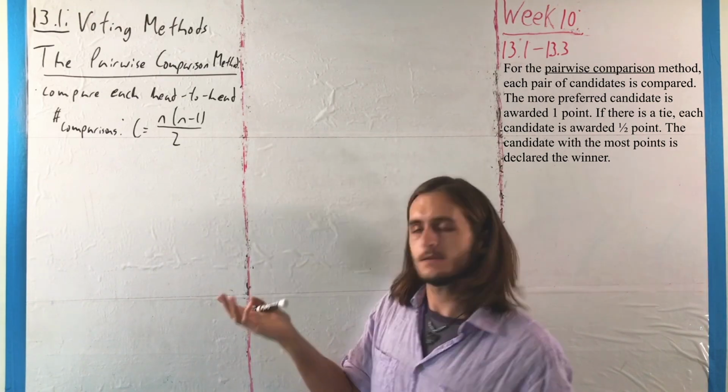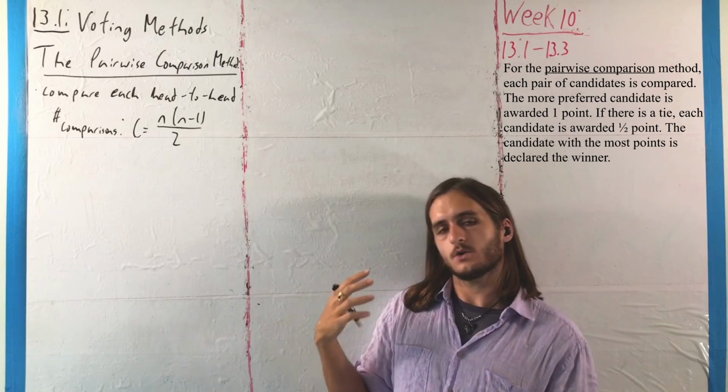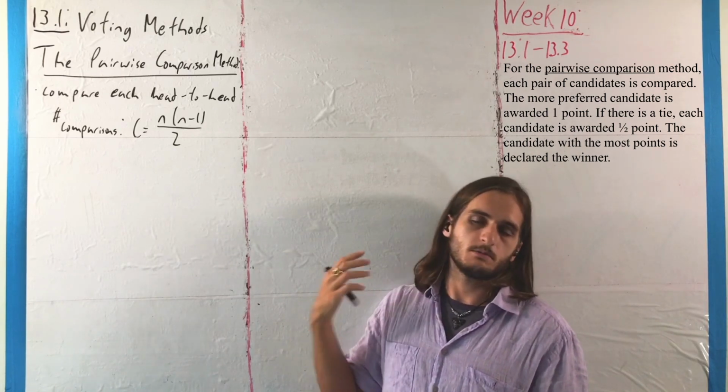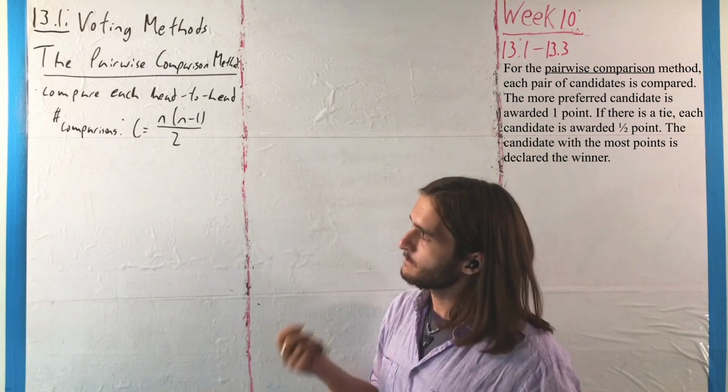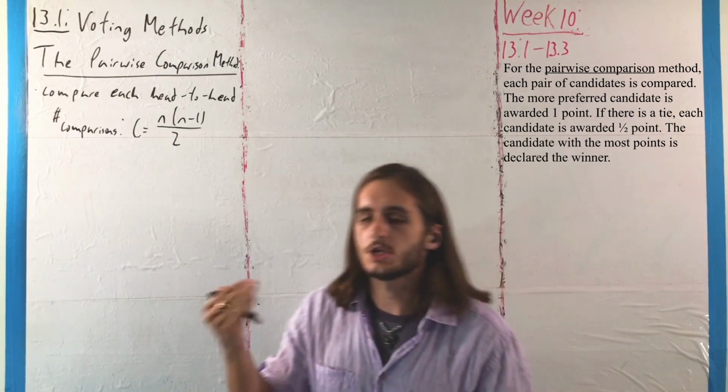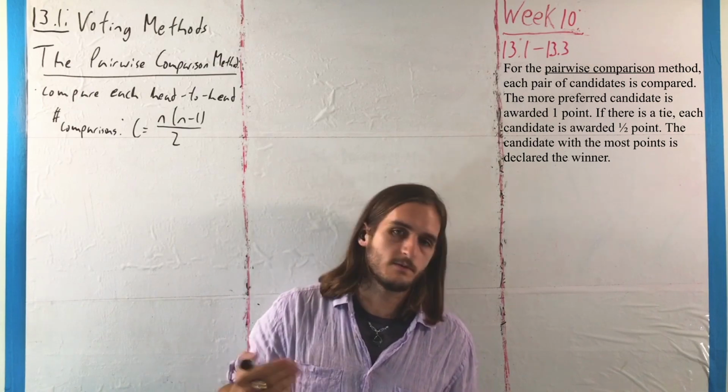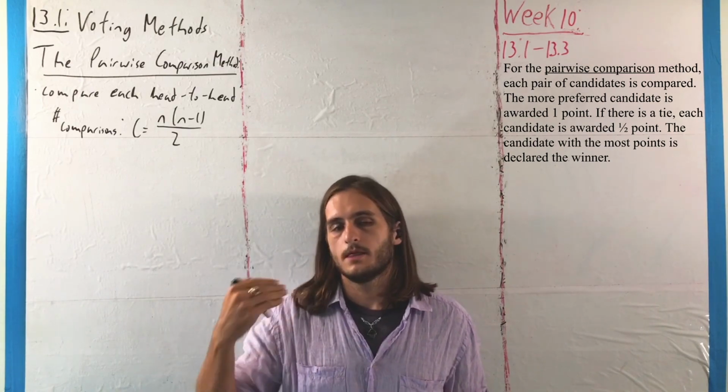Anyway, here for the pairwise comparison method, what we do is guarantee that we get the option that's the most satisfying in terms of head-to-head runs, because we compare each option head-to-head in terms of the numbers of votes that it got.